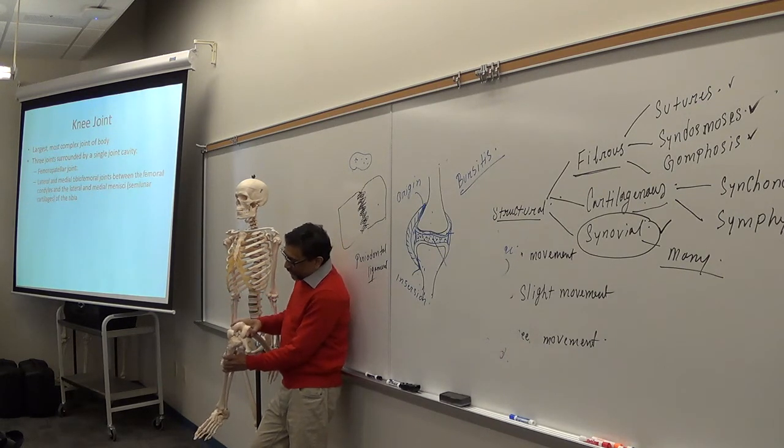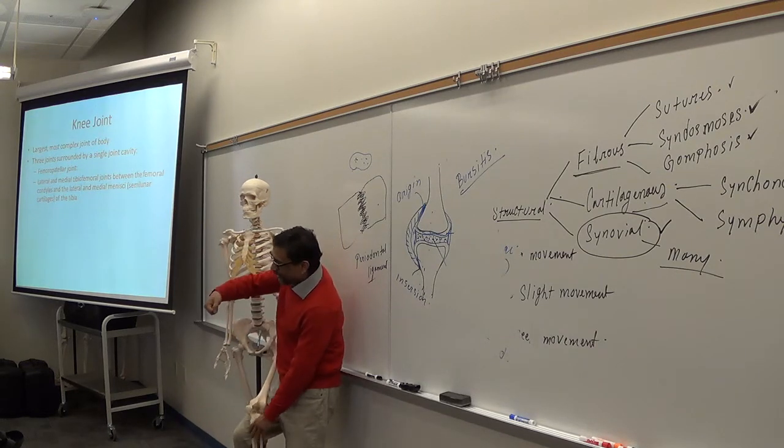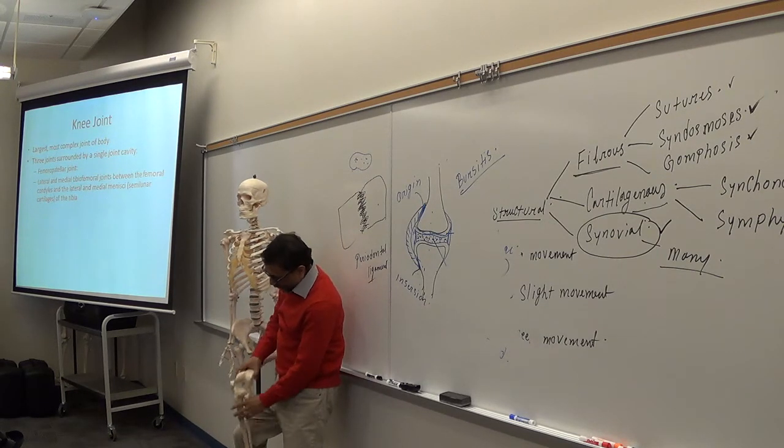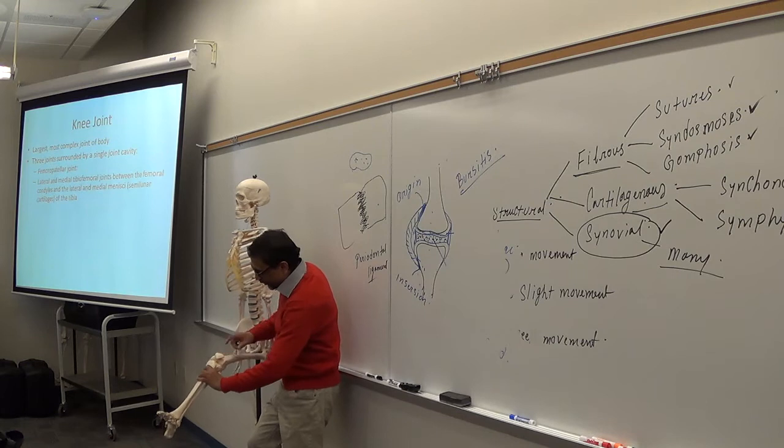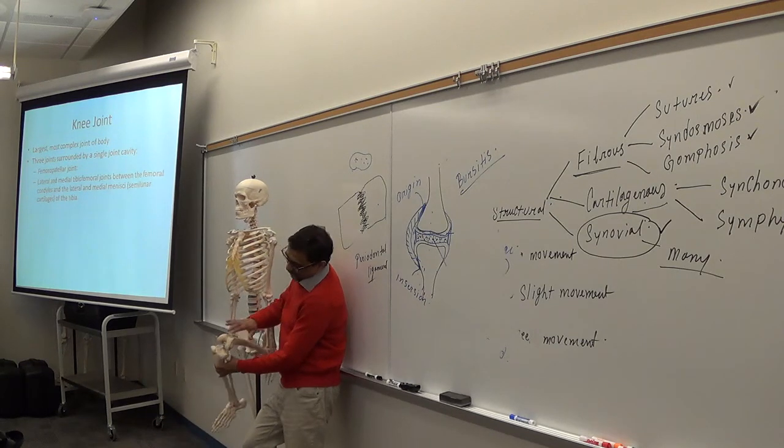So this is lateral, medial and lateral tibiofemoral joints. So this is one, this is another. Two condyles articulate with two condyles. So two joints, two tibiofemoral joints, lateral and medial. And another is the patella. This bone is attached to the femur. This is patellar surface.